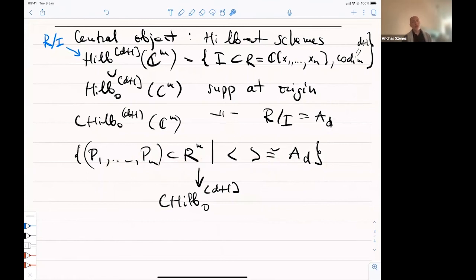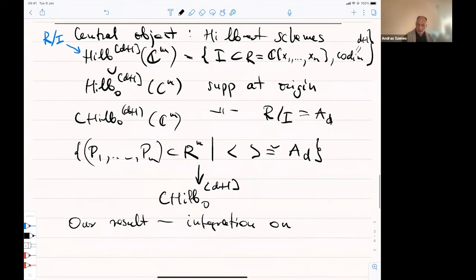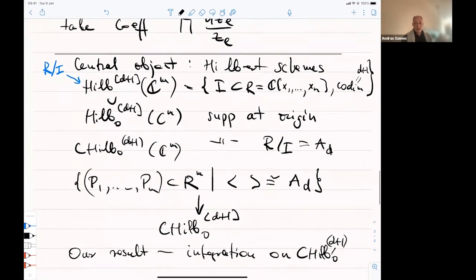So you have this fibration, and essentially our result is an integration formula: integration on this Hilbert scheme, the curvilinear Hilbert scheme, Hilb 0, of some tautological integrals, just like you have for the Grassmannian for this tautological vector bundle.